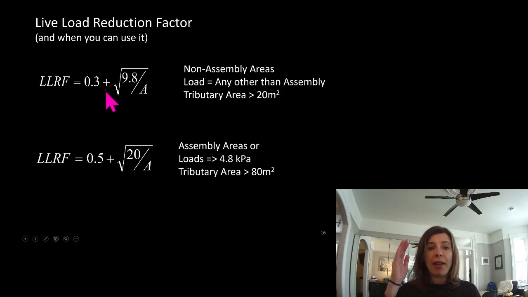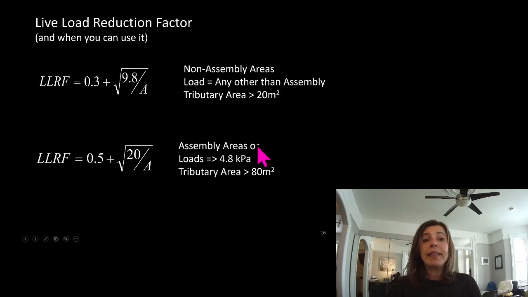So you could have anywhere from 1, or 100% of your live load, down to 30% of your live load. If you have exactly 20 square meters of area, you're going to have a live load reduction factor of 1, or you're using 100% of your live load. If you have a really large tributary area, you're going to get down pretty close to 30% of your live load. Live load reduction factor for assembly areas.